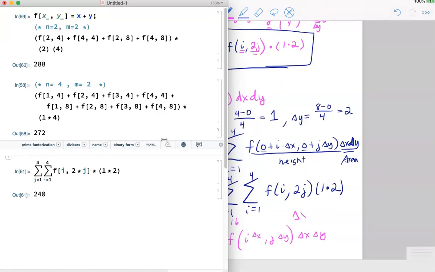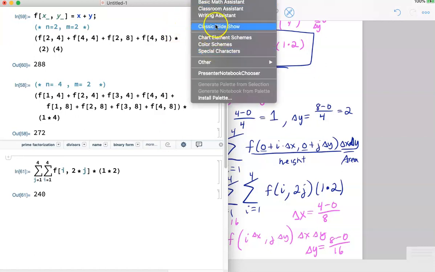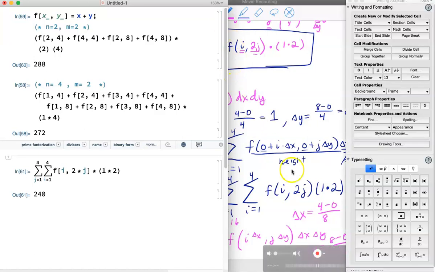But when n is equal to 8, delta x is equal to b minus a, the endpoints of the interval, divided by the number that you broke it up into, and delta y would have been b minus a divided by 16 of them. So we could have pretty easily created a double sigma notation. Let's go to the writing assistant.